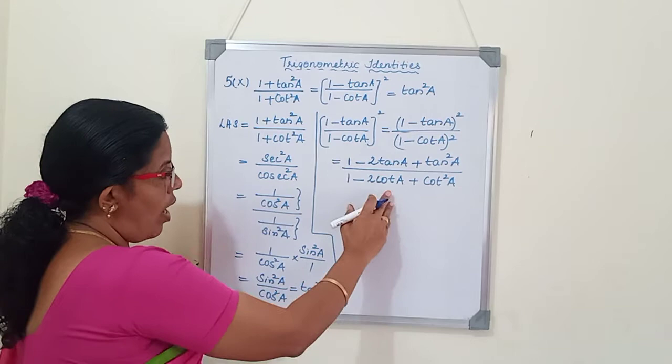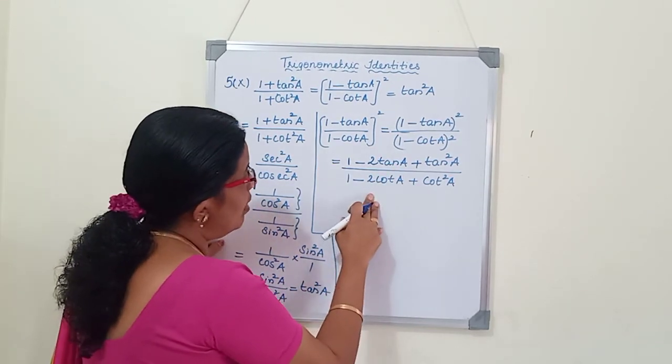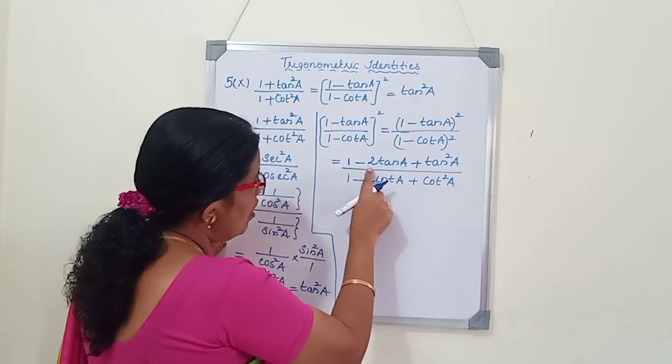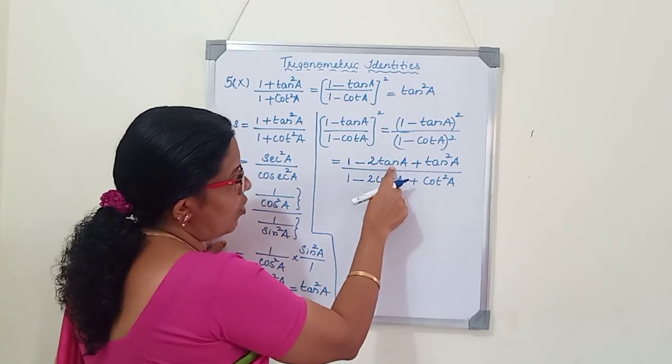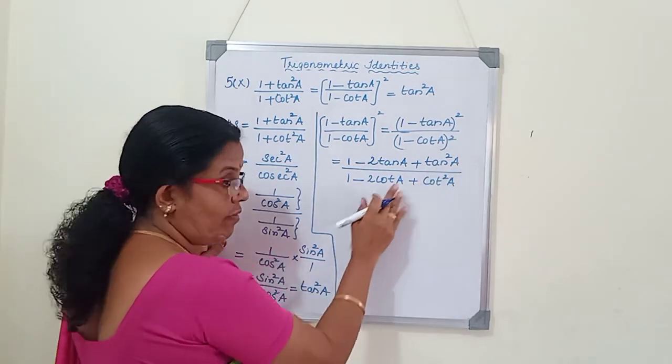Now after writing here, from here we can do it in different methods. One method is we can write tan A as sin A by cos A, tan square A as (sin A by cos A) the whole square, and simplify. We will see that.